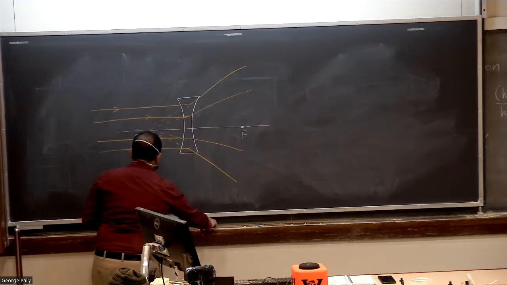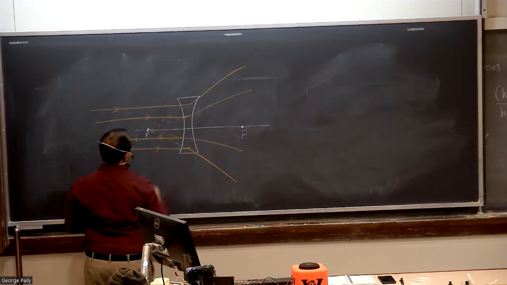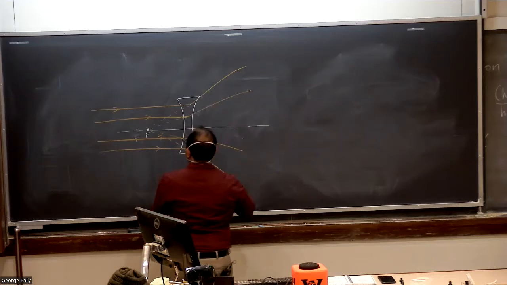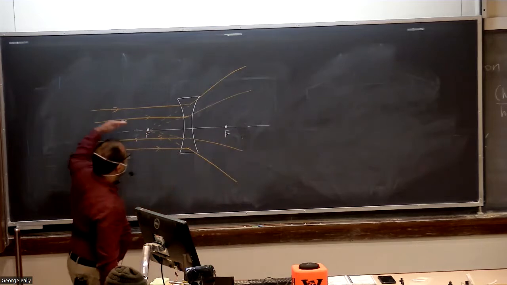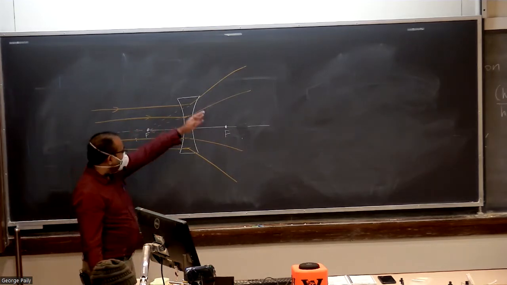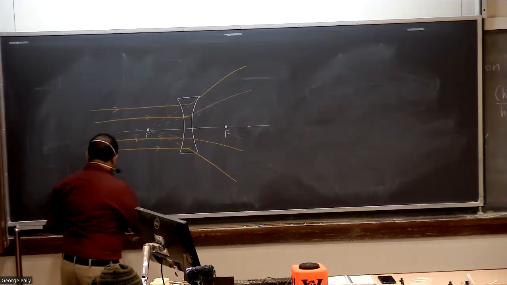The focal point in this case would be over here. So if you send parallel rays in for a diverging lens, they appear to come from this focal point if you look from this side.